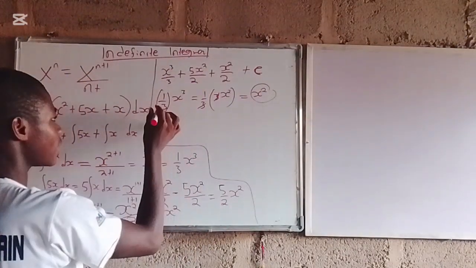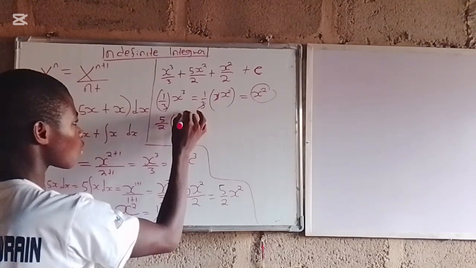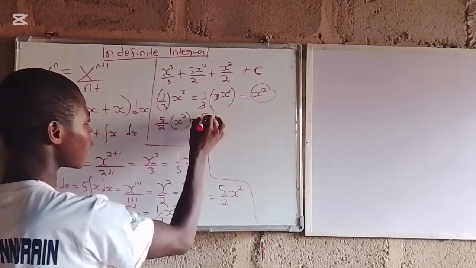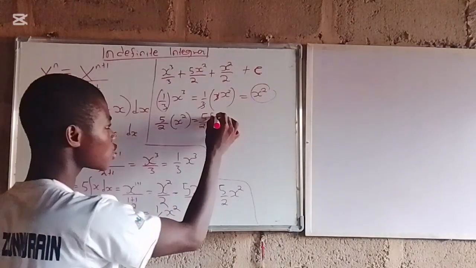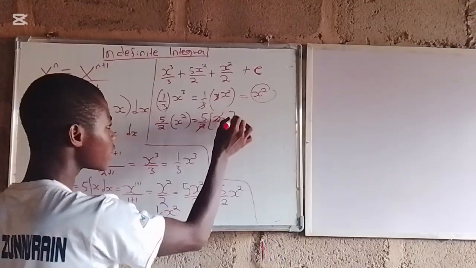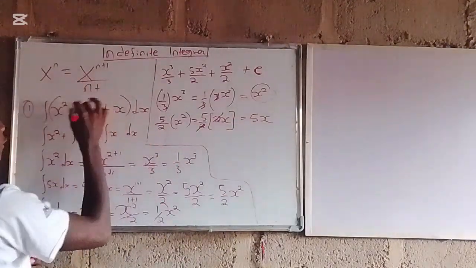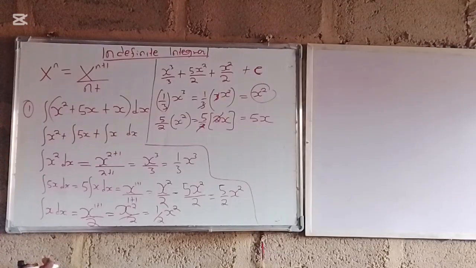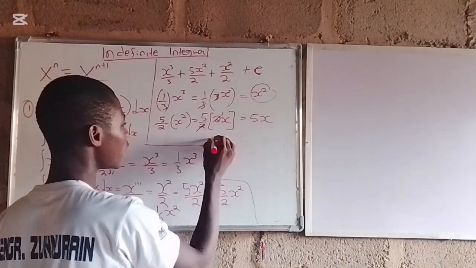So let's verify this. We have 5 over 2 and we have x squared. So let's keep this 5 over 2 aside and differentiate x squared, which is 2x. After then, this 2 will go with this 2. At the end, I will be left with 5x. So we verify this 5x, and therefore let's verify this x squared.